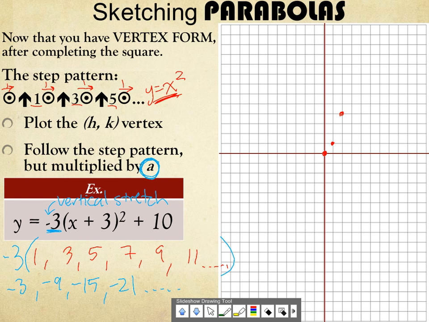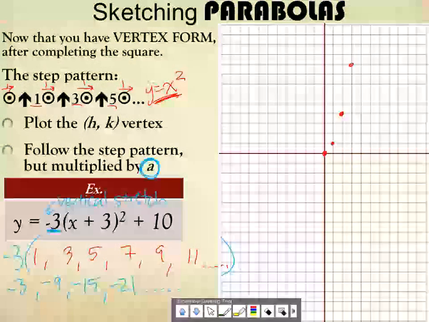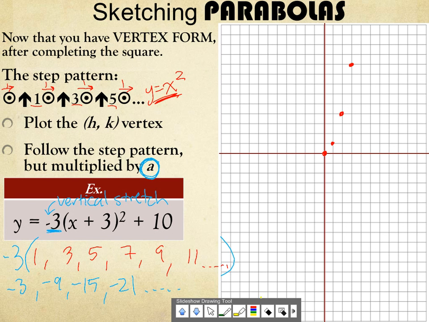So I just want to point out that this is the step pattern I was talking about. Over 1, up 1, over 1, up 3, over 1, up 5. Next would be 7. Then you can do the same thing on the other side to make it symmetrical, and then connect the dots. So that's what y equals x squared looks like.